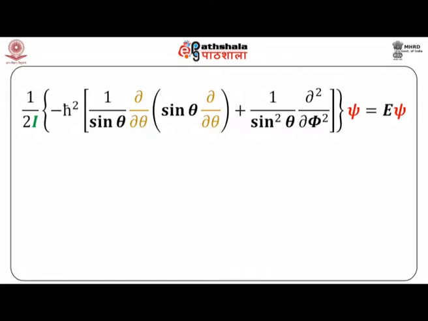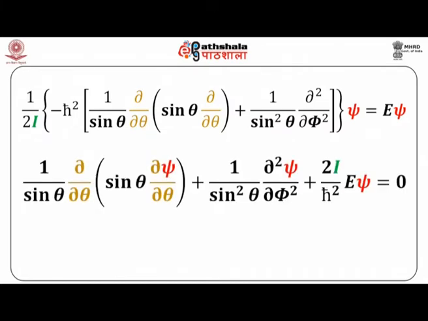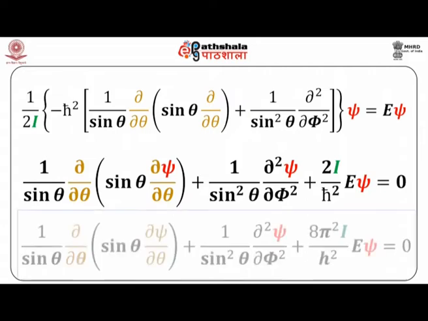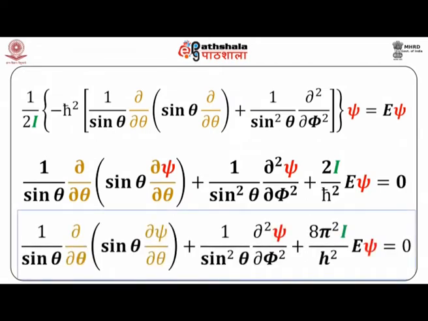This expression on rearrangement gives us a slightly modified equation, and ultimately we get the equation 1 by sin theta del by del theta, sin theta del psi by del theta, plus 1 upon sin square theta del 2 psi upon del phi square, plus 8 pi square I upon h square, E psi is equal to 0.